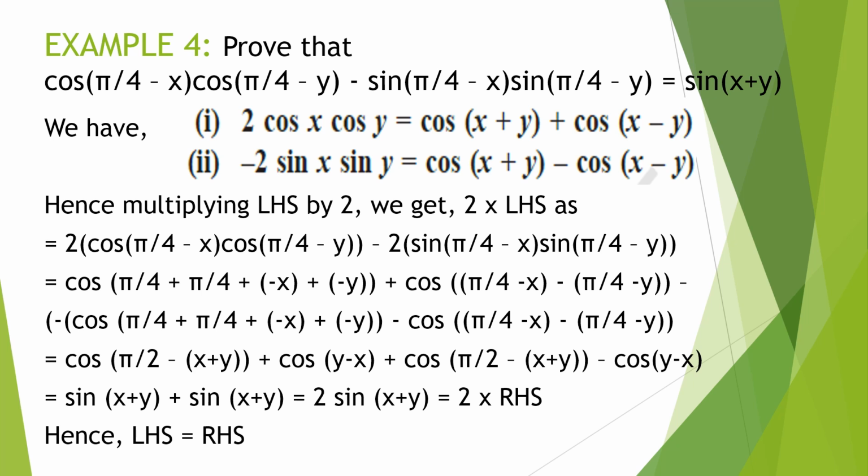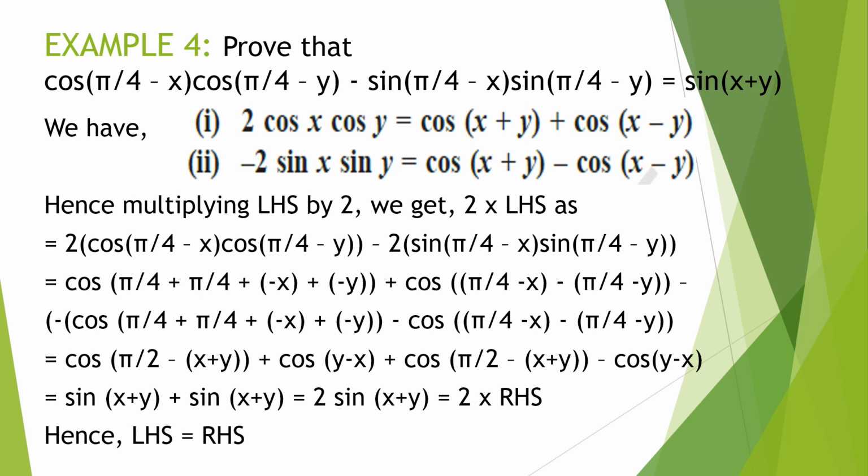2 cos into cos is cos of the sum of the angles plus cos of the subtraction of the angles. So in the first case, cos of the sum of the angles is pi by 4 minus x plus pi by 4 minus y, and when we take the difference of the angles, it is pi by 4 minus x minus (pi by 4 minus y).